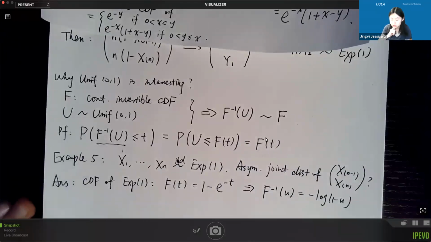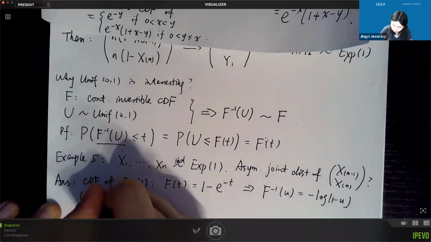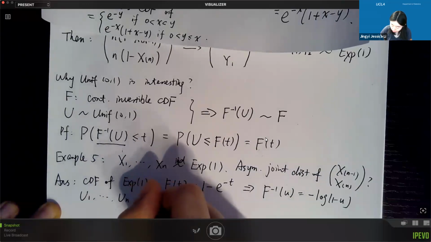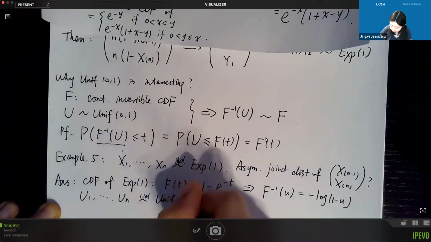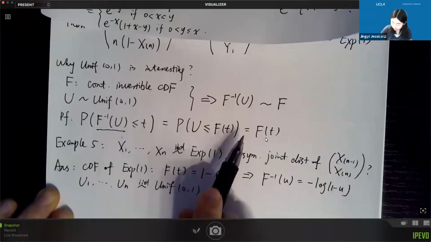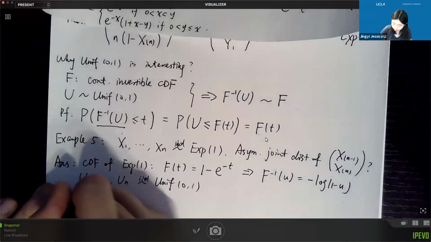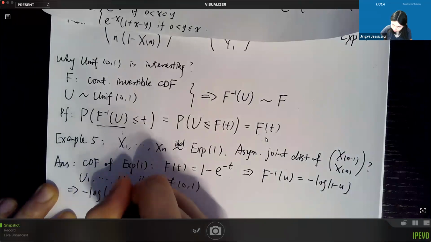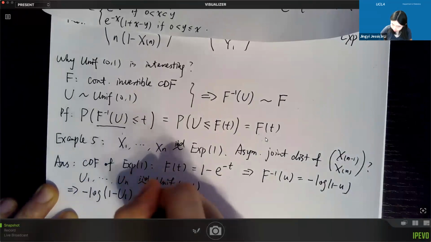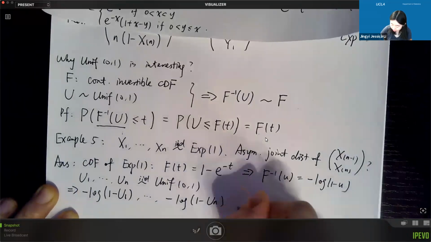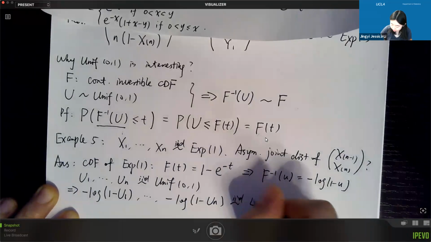So if U_1, ..., U_n are i.i.d. uniform 0 to 1, then by this argument, negative log(1 minus U_1), ..., negative log(1 minus U_n) will be i.i.d. exponential 1.